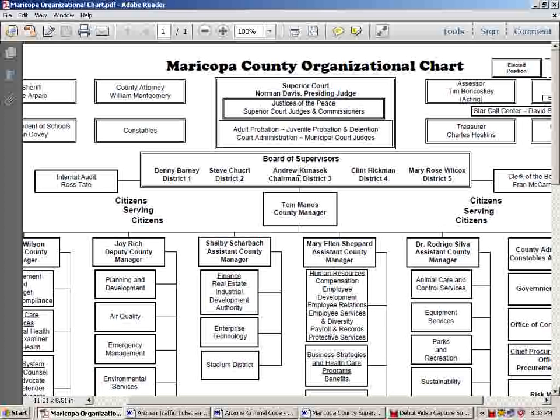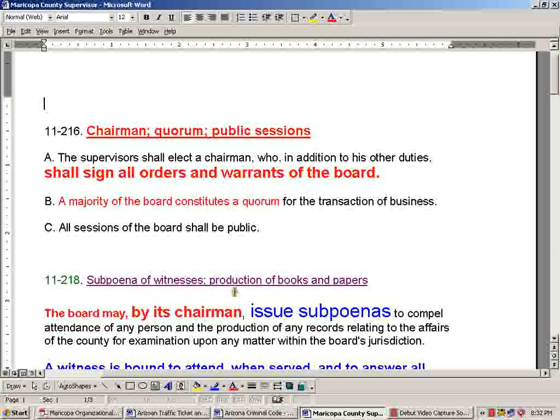Right? So one thing you can do is go into the county part of your statutes or codes or laws, and just see what the chairman does. Or you really have to figure out how your county's set up.